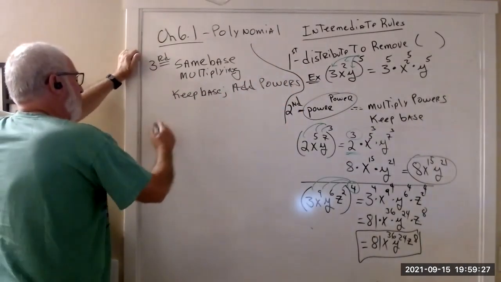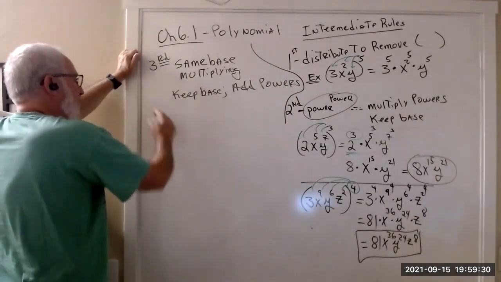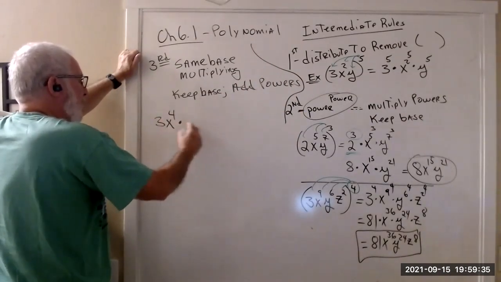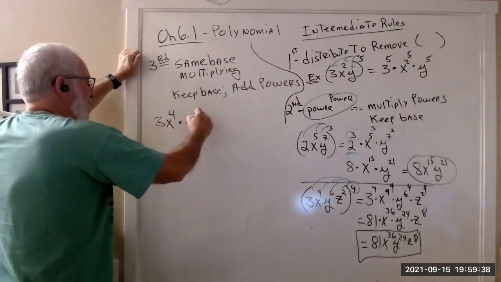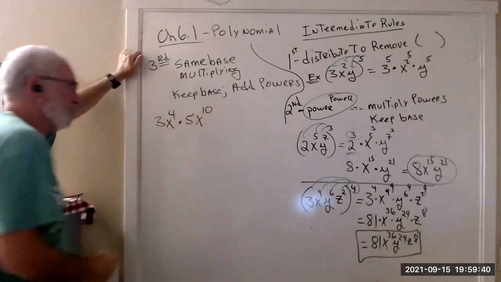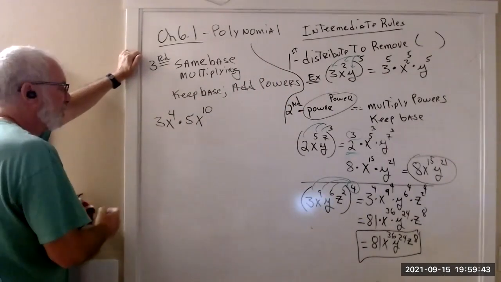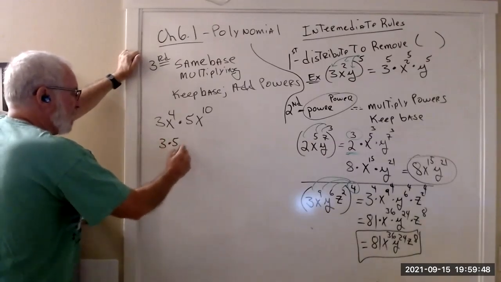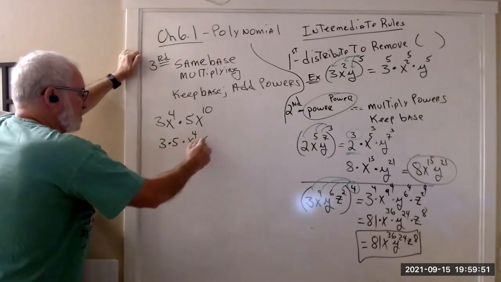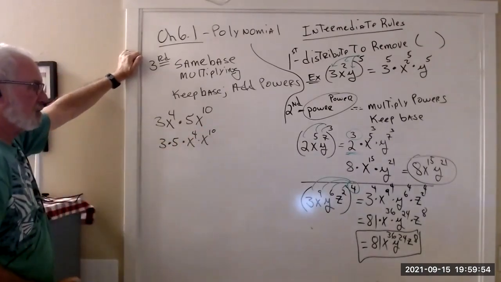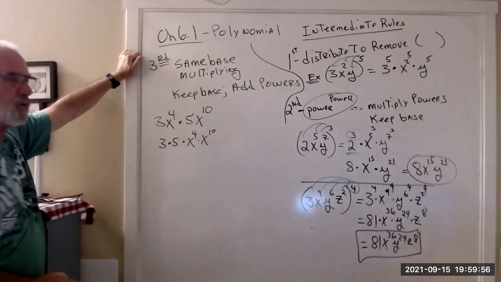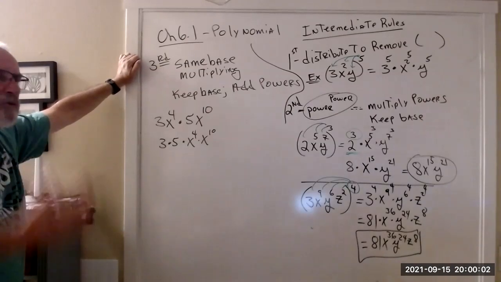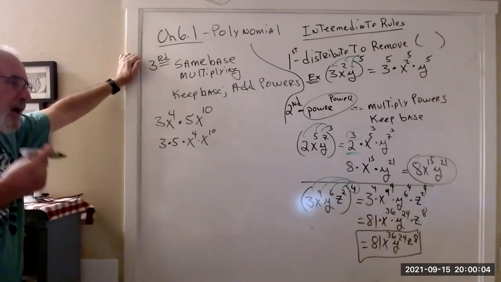So what am I talking about? Well, I'm going to make it a little bit more complicated. Suppose you have 3x to the 4th multiplied by 5x to the 10th. Technically, what you do is you rearrange this into 3 times 5, x to the 4 times x to the 10. Now, again, this is mental. Those of you who have seen exponents before, or maybe after you've done a few problems on the homework, you go, yeah, I got this.